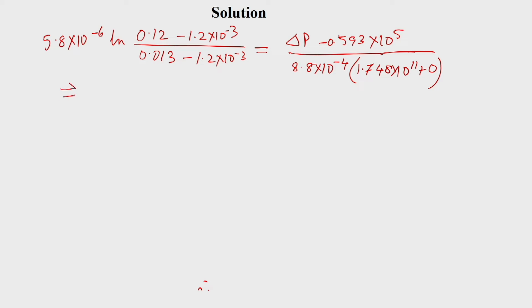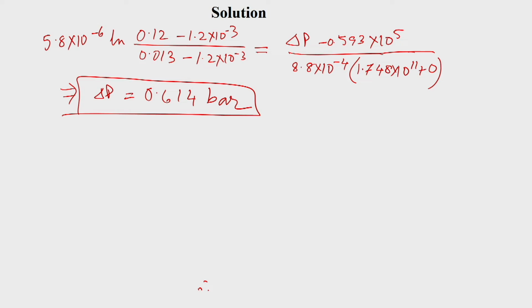From here we will get delta p, which is 0.614 bar. So, this is the transmembrane pressure at which gel layer formation on the membrane starts. Whenever we have this 0.614 bar pressure, that is when the gel layer starts forming.